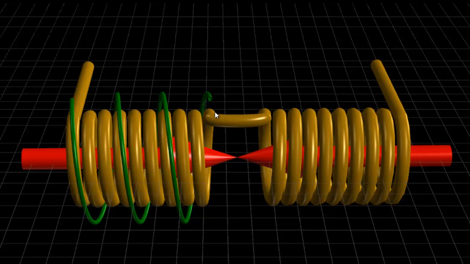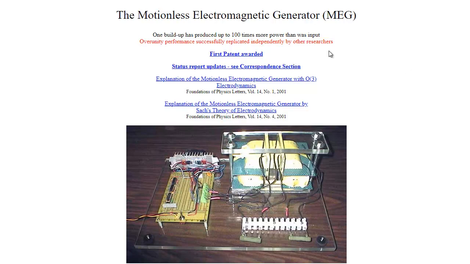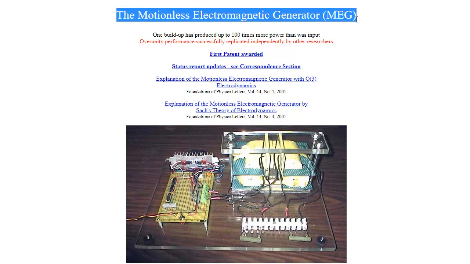Now you remember in my last video I went through and showed a bit of history, and I'll show very quickly again. Okay, so just remember, I showed in my last video, one build-up has produced 100 times more power than was input. So just remember, the mag runs on the same principles. All of these machines, they all run on the same principles.